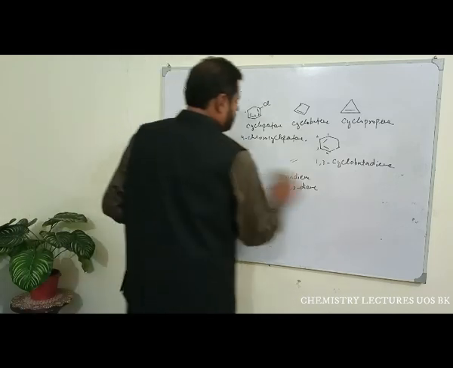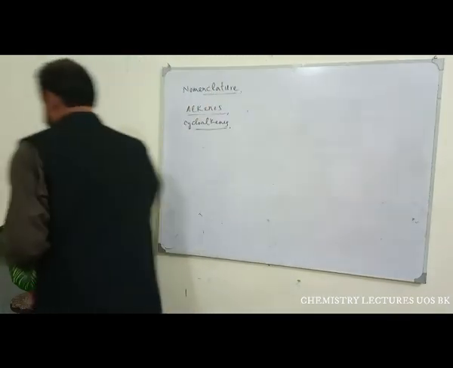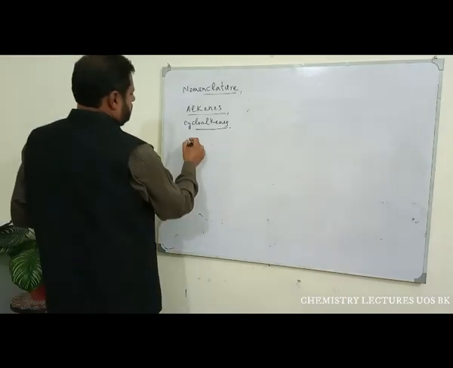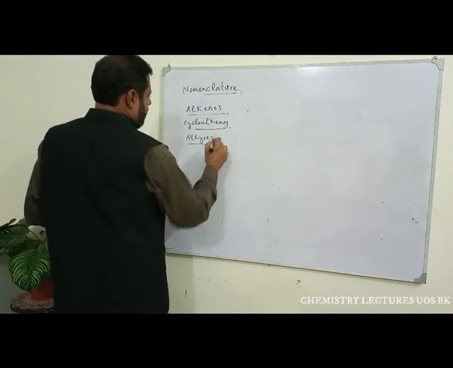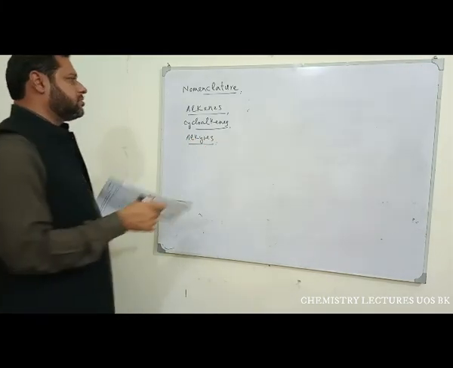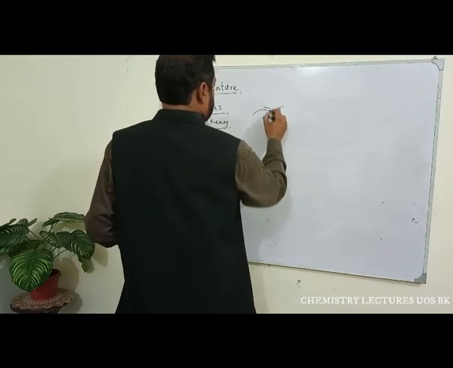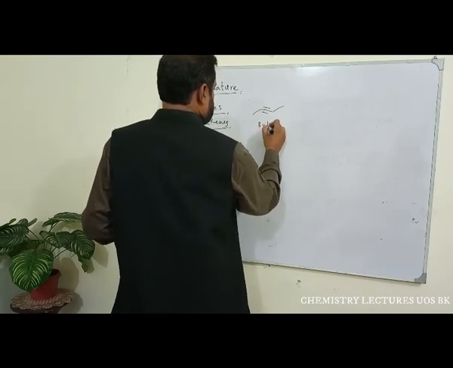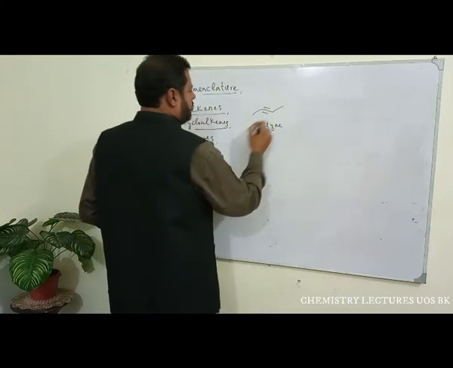A similar method is used for the alkynes. If you have alkynes, the general name will be butyne, and numbering will be 1, 2.